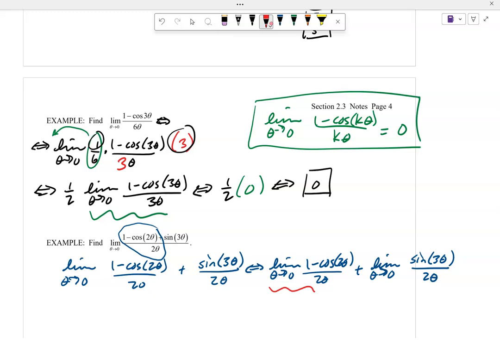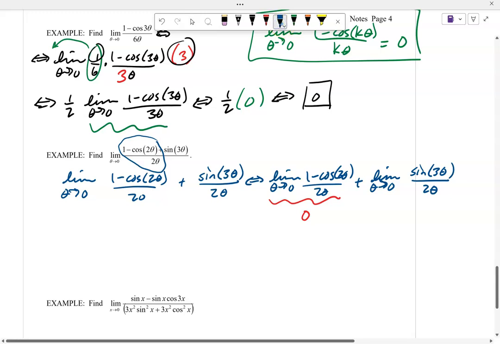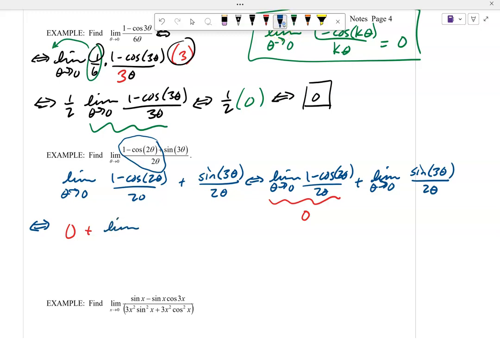Now this we know is 0. Let's go down here and we'll write that. So we've got 0 plus, and now I'm manipulating this one, limit theta approaches 0. Let me take that half out, sine of 3 theta over theta. And we need that to be a 3 theta, so let me introduce it. I'll give it a 3 on the bottom, which means I'm going to multiply the top by 3.